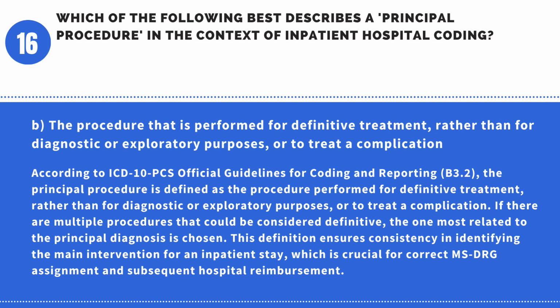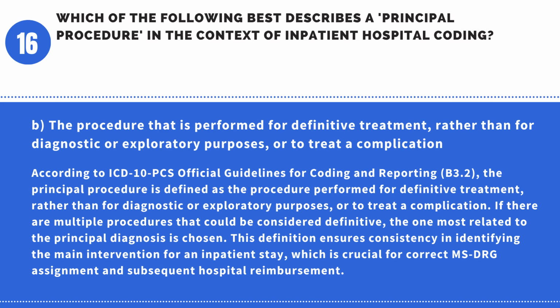Answer: B. The procedure that is performed for definitive treatment rather than for diagnostic or exploratory purposes, or to treat a complication. Explanation: according to ICD-10 PCS official guidelines for coding and reporting, B3.2, the principal procedure is defined as the procedure performed for definitive treatment rather than for diagnostic or exploratory purposes, or to treat a complication.